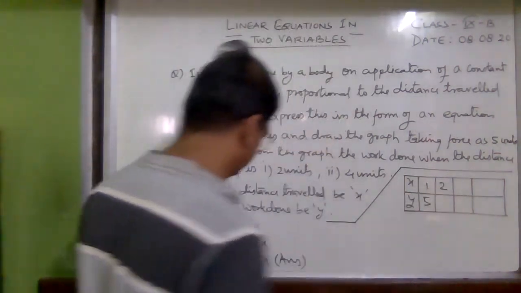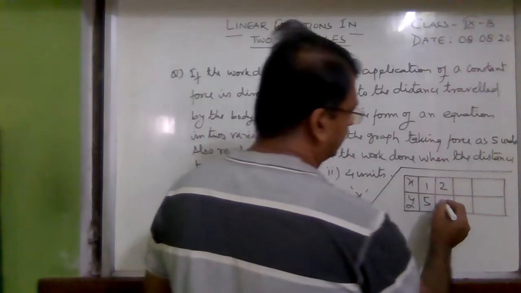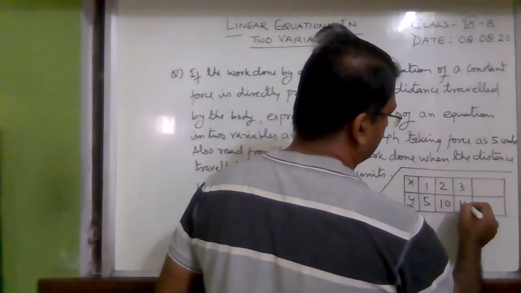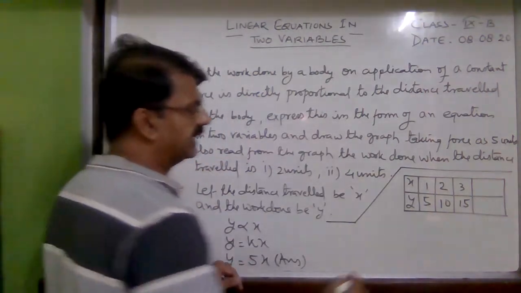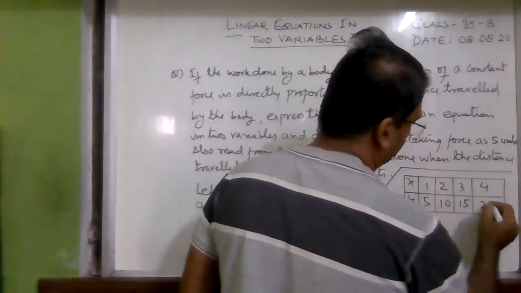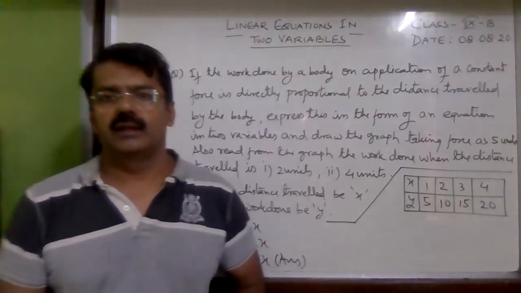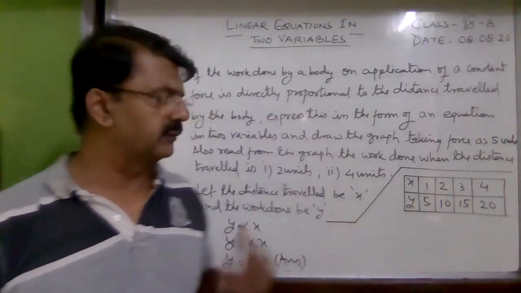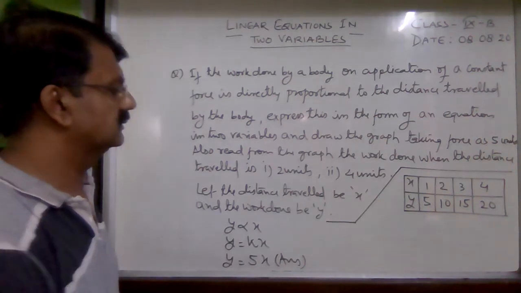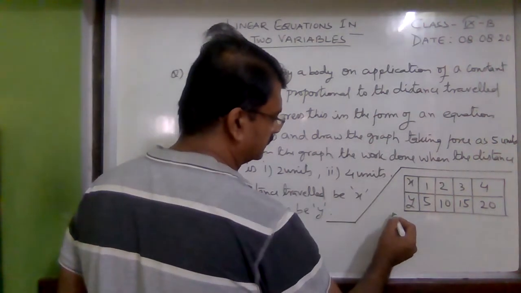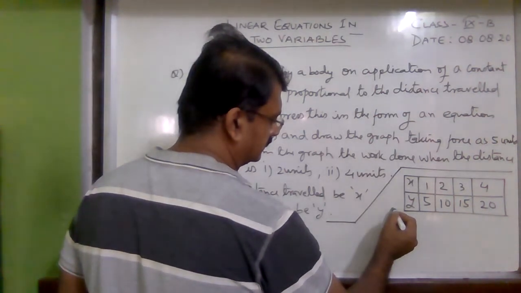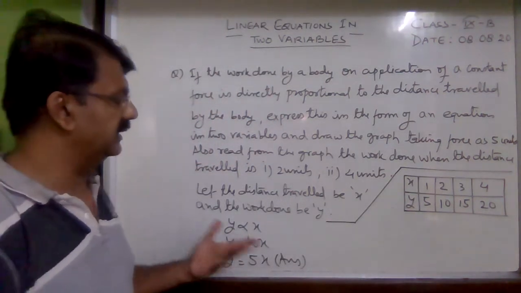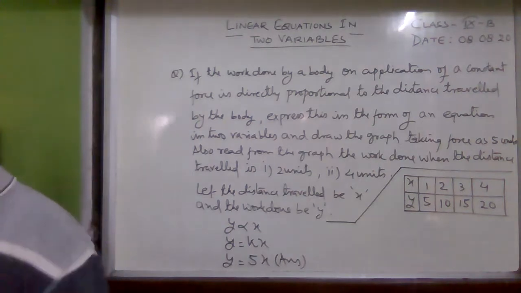When x is 2, y is equal to 10. When x is 3, y is equal to 15. And when x is 4, y is equal to 20. Although 3 points are sufficient, we have taken 4 here. And now when you draw the graph, we'll draw the graph in the next frame.